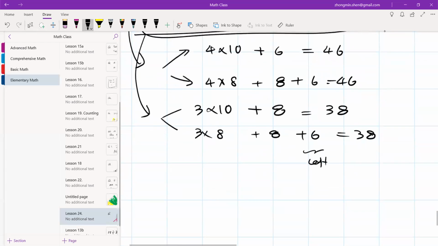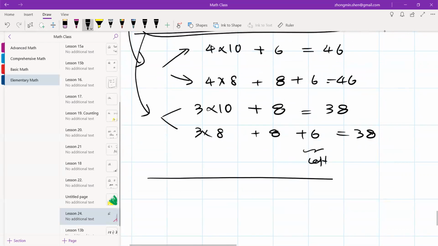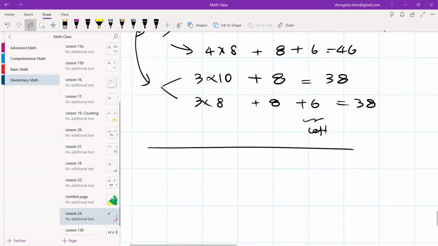Now, if you don't want to do that, using mathematics, using equations, how do you do that? You can assume, let m be the number of grandchildren.